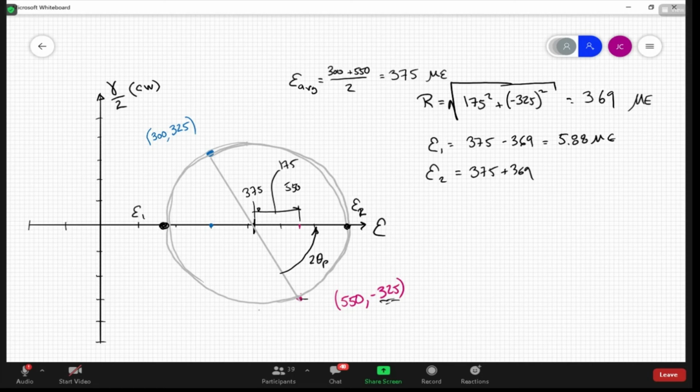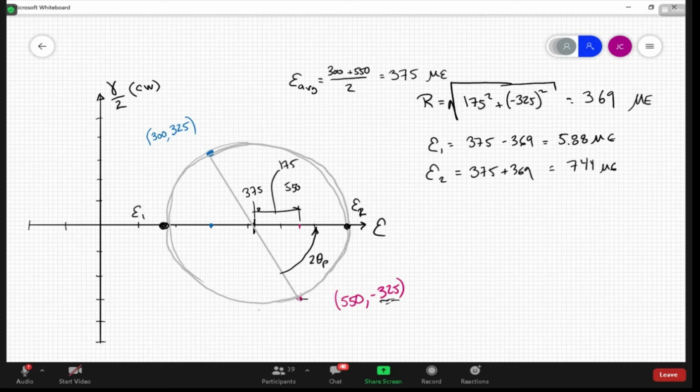Let's make sure I calculate that radius the right way. That's it. So this gives me a value of 744 microstrains. So those are the principal values.